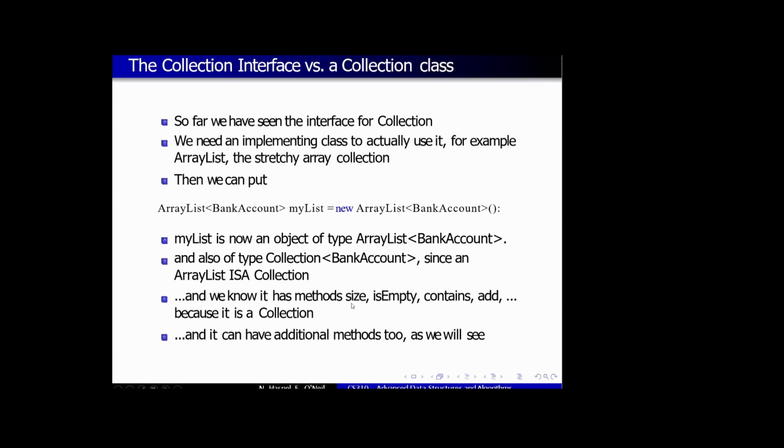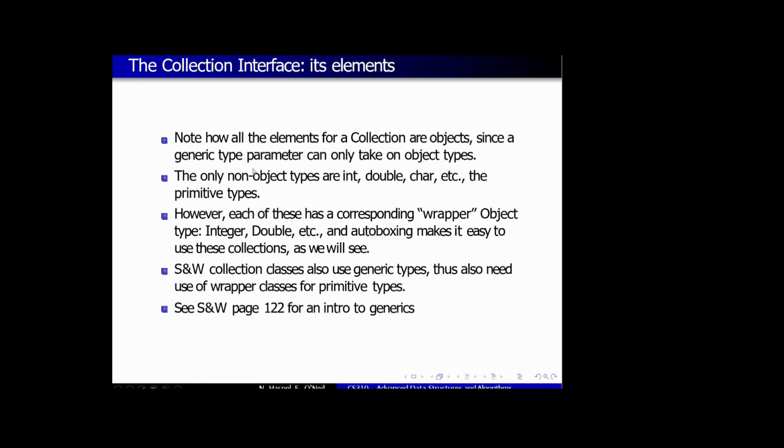It must have size, is empty, contains, add, and so on. How do we know that? Because it has to go by the collection interface. This is an implementing class of the collection interface. And of course, it can have additional methods. It turns out it doesn't have very many interesting ones, but it does have a few obscure additional methods.